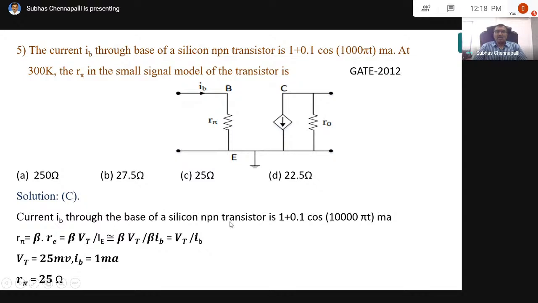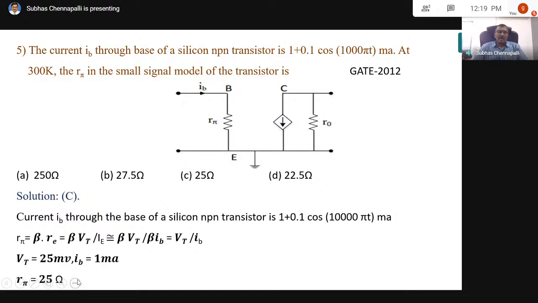R pi is beta times RE. Then RE is VT by IE, which you can write as VT by beta times IB. So beta cancels, giving VT by IB. VT is given as 25 millivolts, since 300 K is nothing but about 25 degrees. So your IB is 1 milliampere.